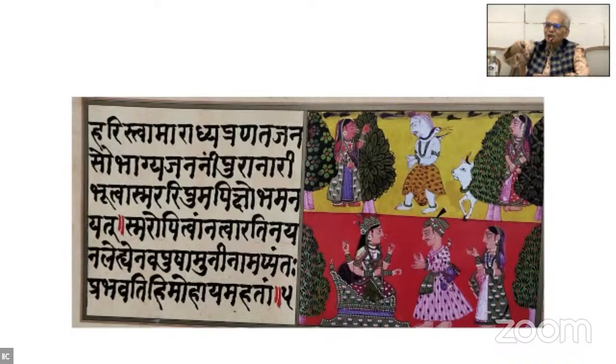And even Rati, her garment, the way she is wearing her lehenga. So the local colors are there, and the understanding of the poem by the painter. But the goddess, with all her grace and serenity, appears here before Kamadeva.